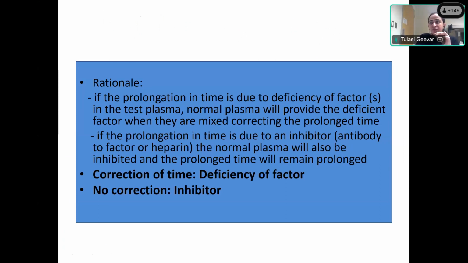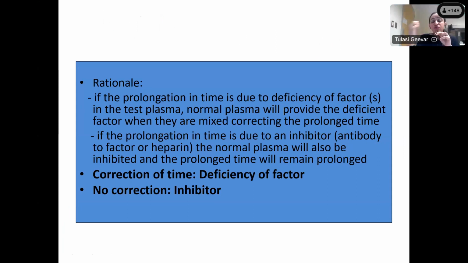For example, if a patient with hemophilia has factor 9 less than 1%, and you mix with control plasma where factor 9 is around 100%, the mix should have around 50% of factor 9. That should be sufficient to correct a prolonged time.